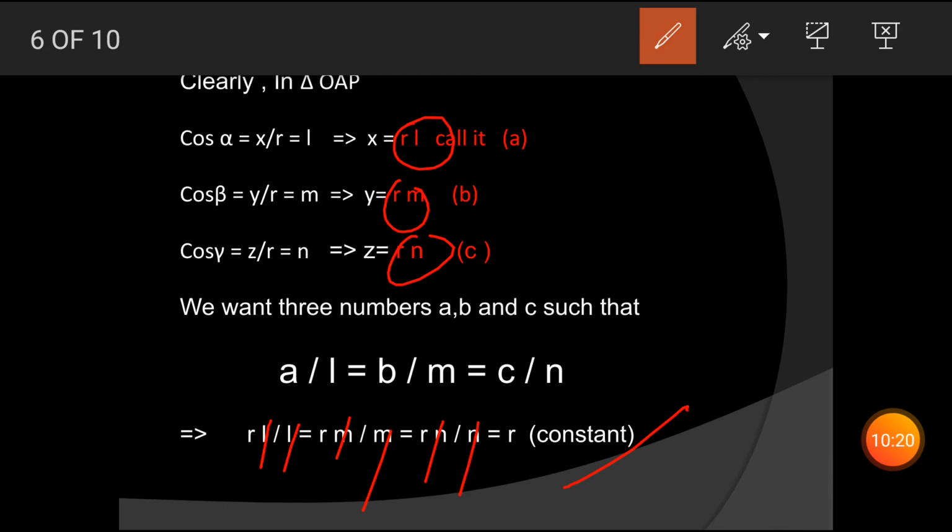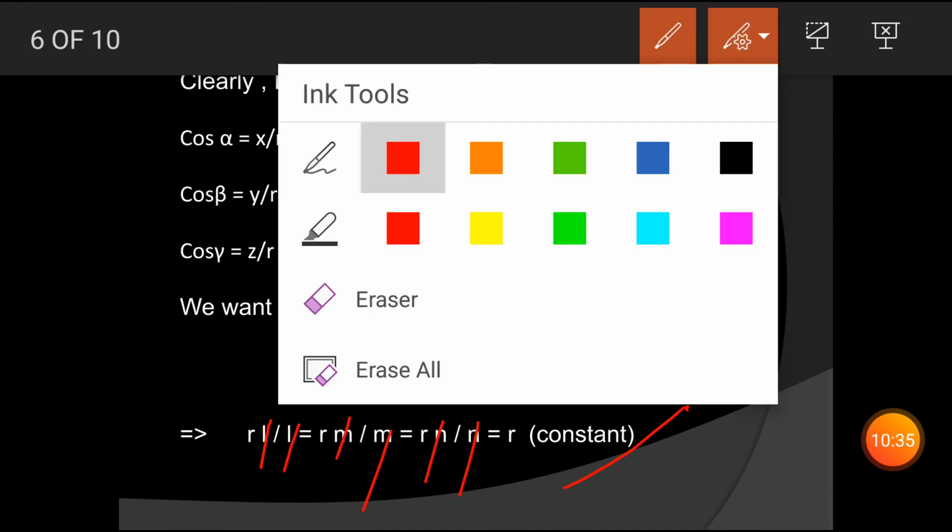So actually, what is the conclusion? The conclusion is that A, B, C are nothing but x, y, z, the coordinates that we have taken for point P. So it's very easy to find out.